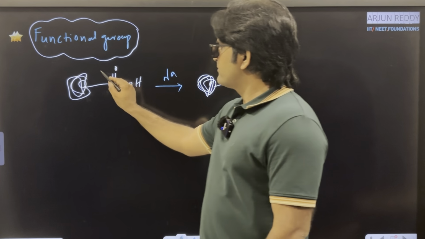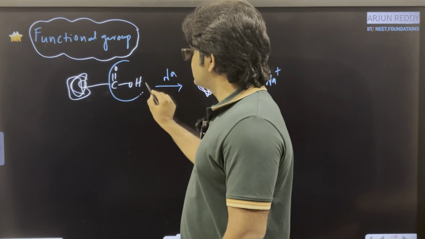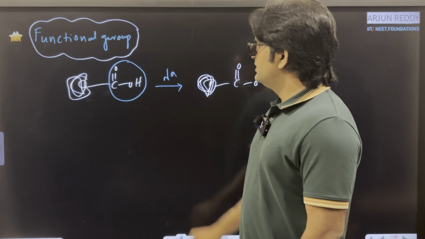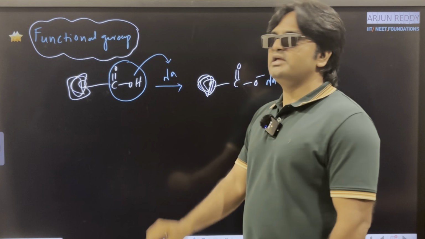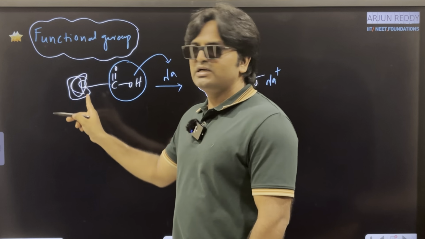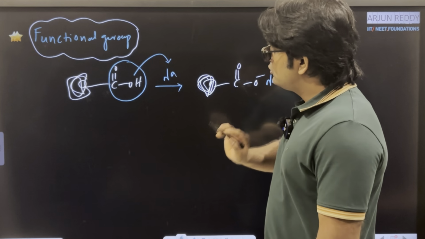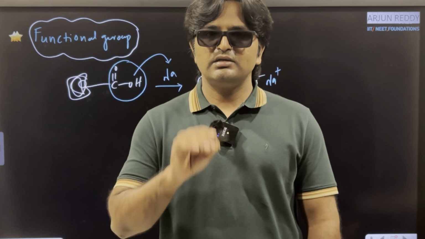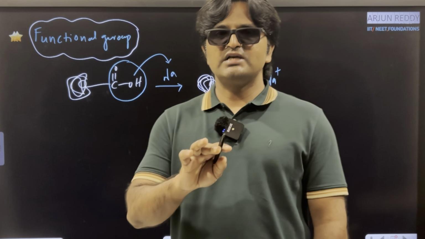So the segment present in this molecule containing COOH is responsible for chemical reactions, but not the other part of the molecule. Okay. So whichever segment is responsible for chemical reactions, that part is known as a functional group.